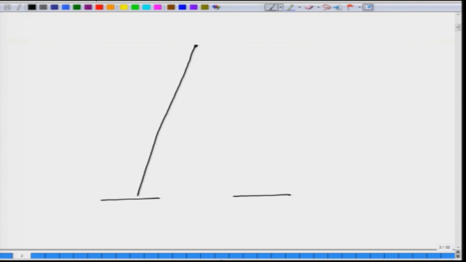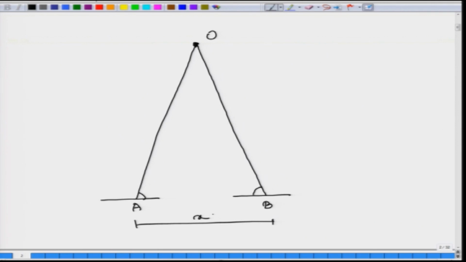Now, by making use of these 2 photographs, if you know the angle that is being subtended by this object, let us call it O, at points A and B, and if you know this distance x between A and B, then you can find out the location of O, and in this case you get the depth of this object or the distance of this object from the AB plane.